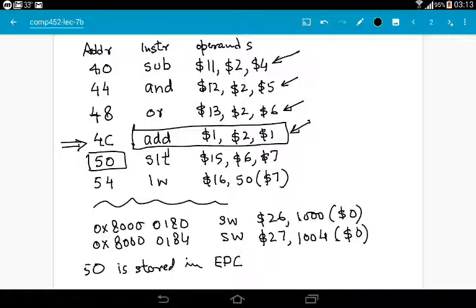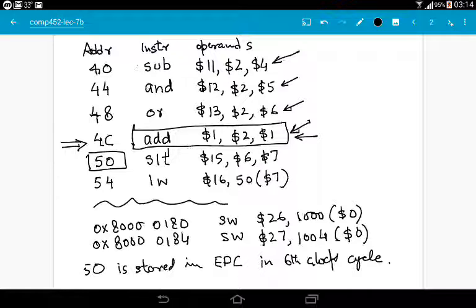So in the fifth clock cycle, this add instruction goes to decode, and in the sixth it goes to EX. The sixth clock cycle is the earliest where we can detect an exception in this code, assuming the exception is arithmetic overflow.